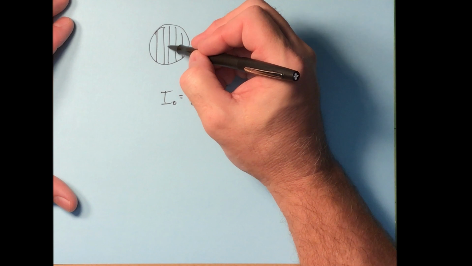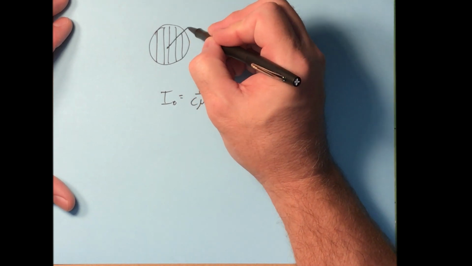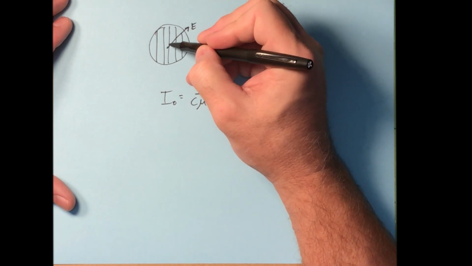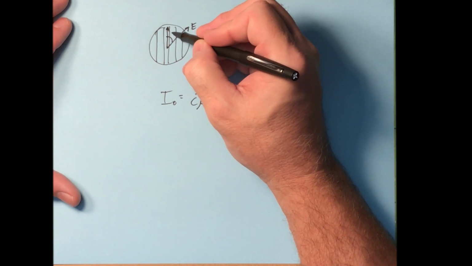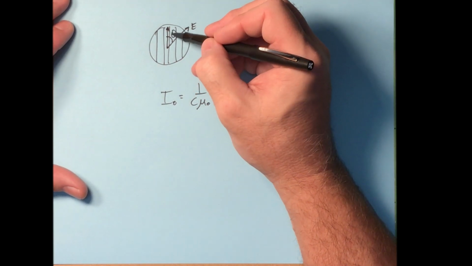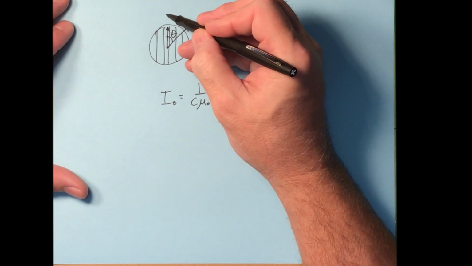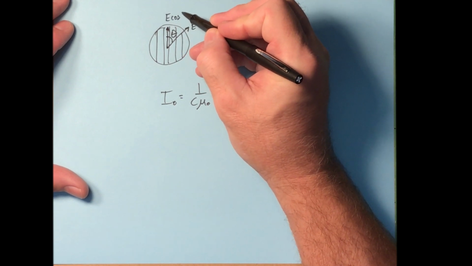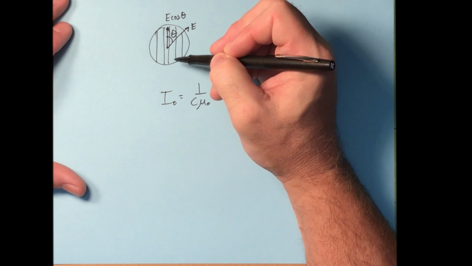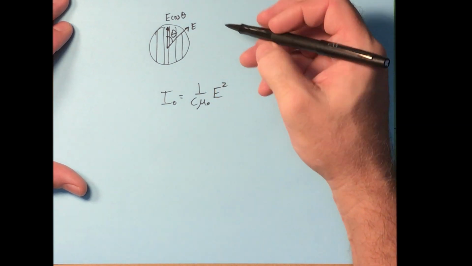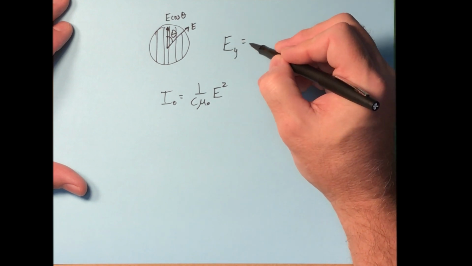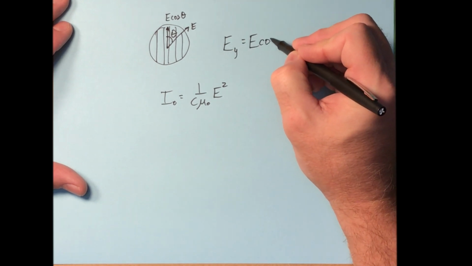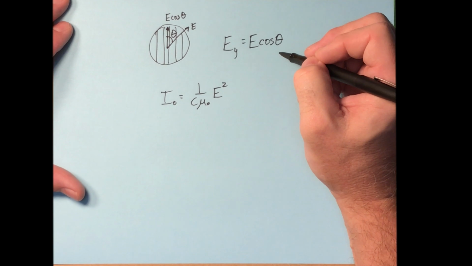Now you have seen that if we have an E vector going in that direction, then the E that lines up with this, if that's the angle theta right there, is the E cosine theta, and that's the portion that passes through the filter, through the Polaroid. So E, Y, let's call that, is equal to E times cosine of theta.